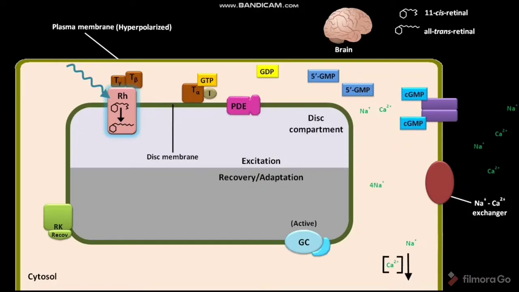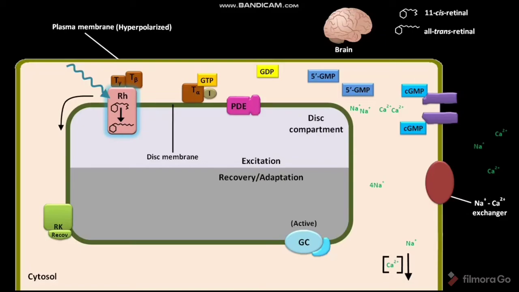Due to this cGMP binding, the cation channels become reopened. Through the reopened cGMP-gated cation channels, the extracellular sodium ions and calcium ions pass into the cytosol of the rod cell. As a result, the Vm returns to the pre-stimulus level.